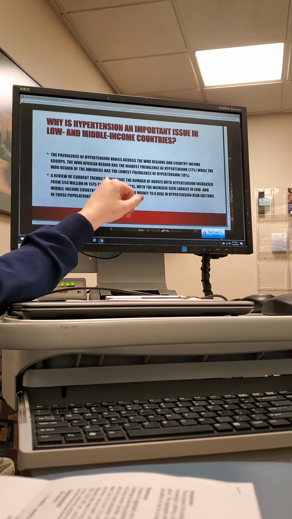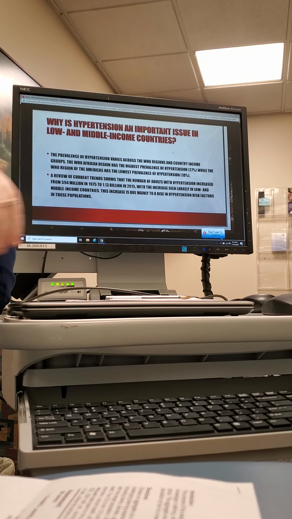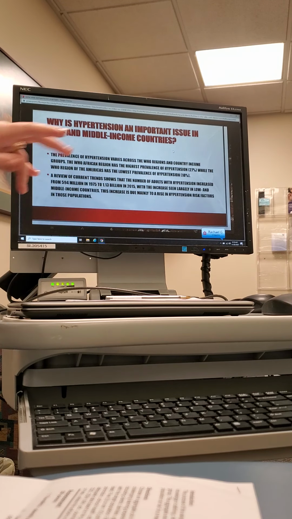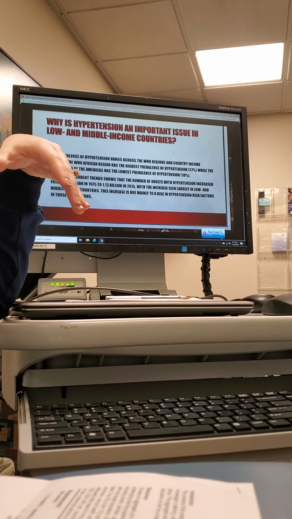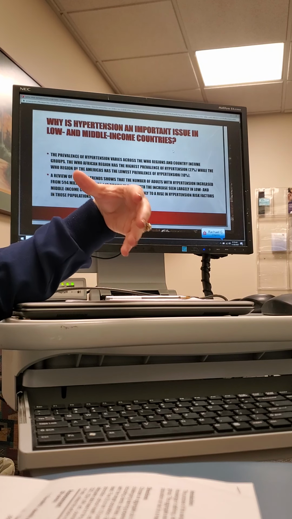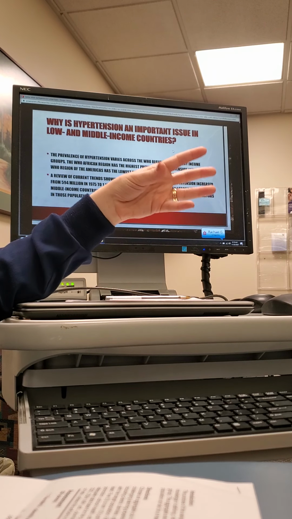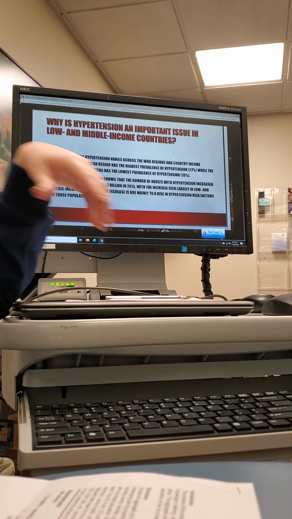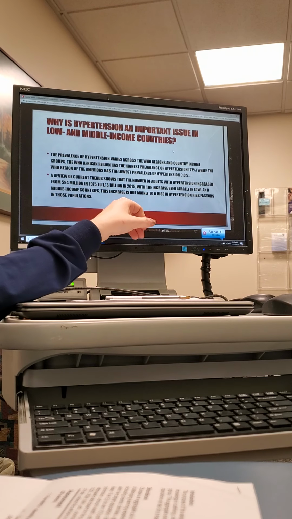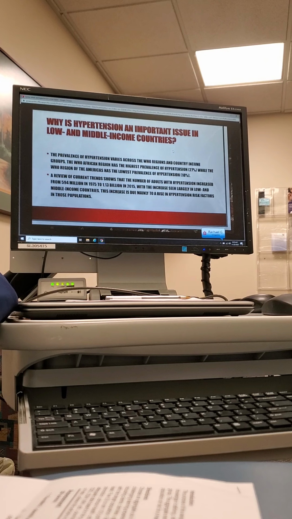And I threw that in there because that's just such a big number. With an increase largely seen in low and middle income countries. And that doesn't just go for countries, that also goes with low income families, low income societies as well. This increase is due to mainly a rise in hypertension risk factors in those populations.